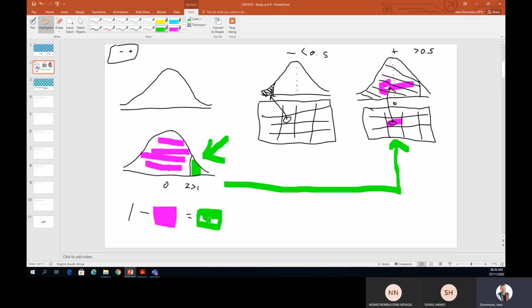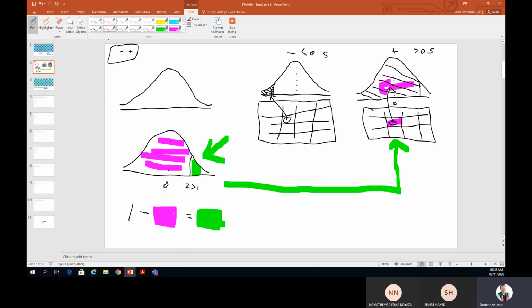If I need to get that green area, I would use the positive table. I would say 1 minus the purple area, because that purple area was covered within the table, and that will give me the green area.